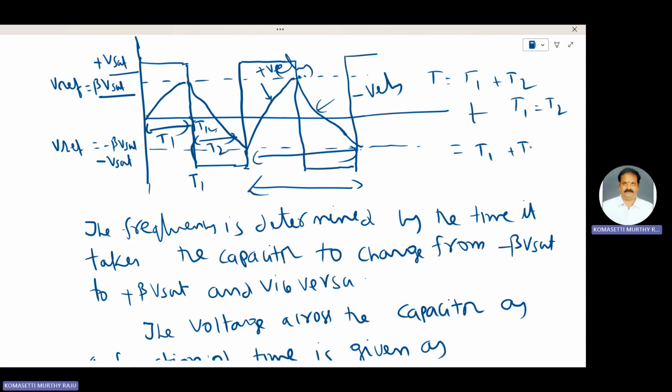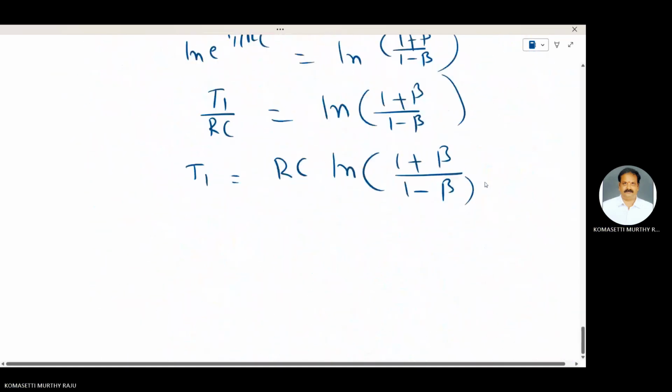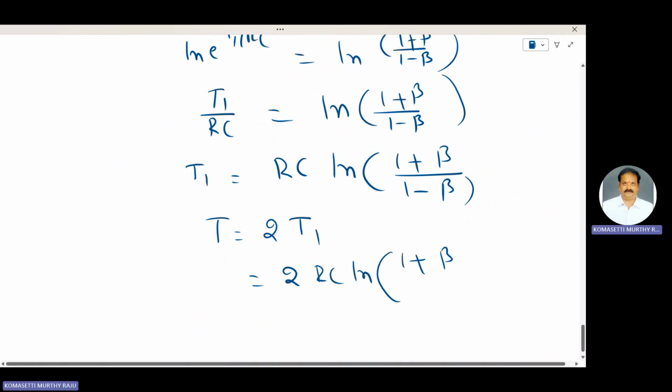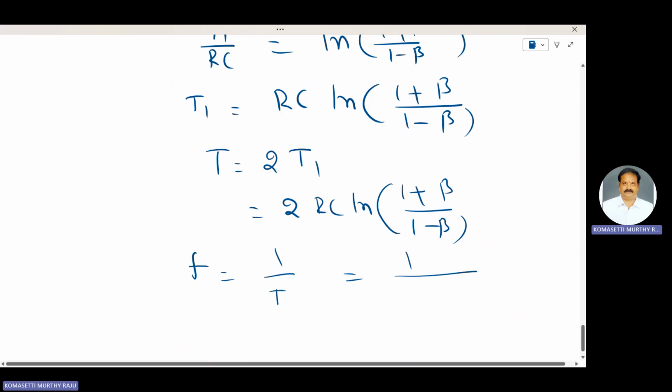Therefore T is equal to 2 T1, which is equal to 2 RC ln (1 plus beta) by (1 minus beta). This is the time period. For the square waveform, f is equal to 1 by T, that is 1 by 2 RC ln (1 plus beta) by (1 minus beta).